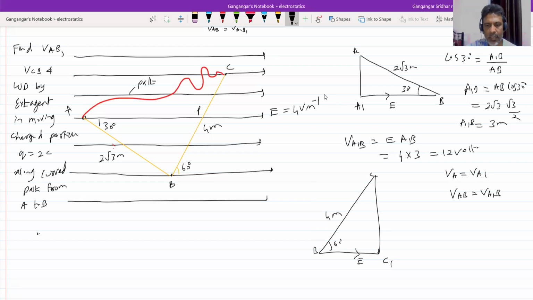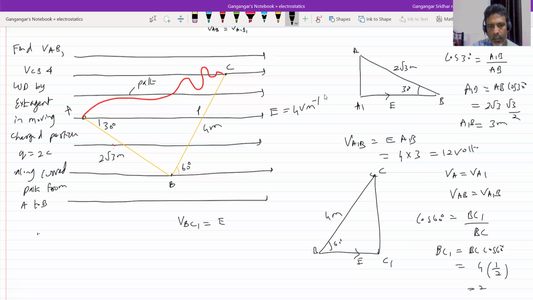This is from the previous conclusion. Now BC1 has to be determined. Cos 60 equals BC1 by BC. The value of BC is 4, times 1 by 2, so 2 meter. Therefore VBC1 is equal to E into BC1, which is 4 into 2, 8 volt. If you want VAC, that also you can calculate from here.